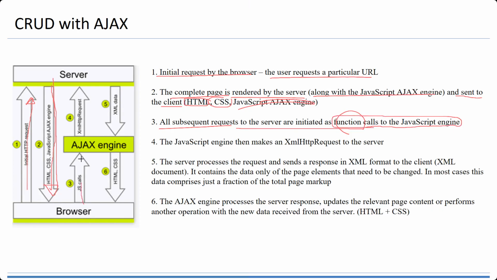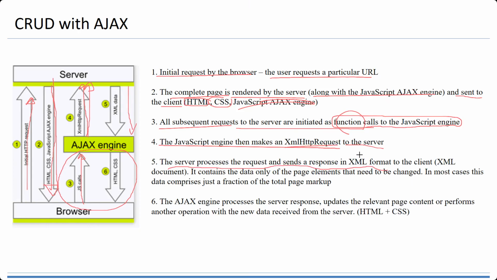After the function call, the AJAX engine, the JavaScript engine, makes an XMLHttpRequest to the server. Then the server will process the request and send a response in XML format.